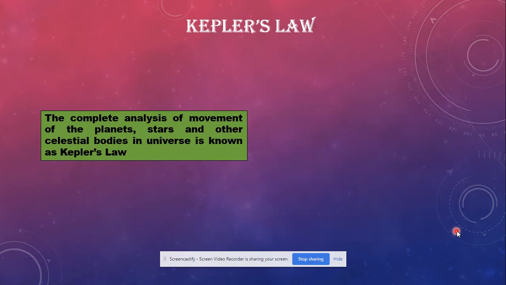Now the last subtopic today is about Kepler's law. Kepler's law is a summarization of a long journey of research about the movement of the planets. So the complete analysis of this research about the movement of the planets, stars, and other celestial bodies in the universe is known as Kepler's law. Now, Kepler's law emphasizes three main points.